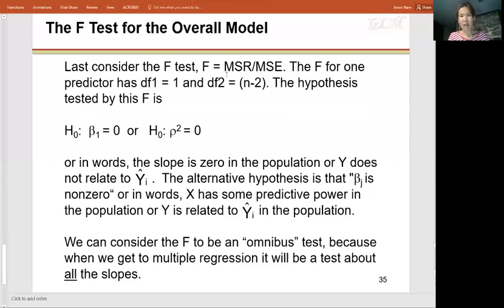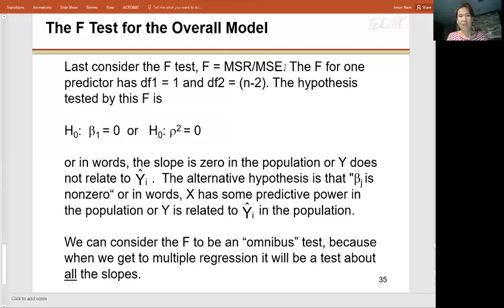MSR is mean square regression, and MSE is mean square error. Mean square regression is the explained part, and mean square error is the unexplained part. This is also a proportional ratio, right? So if you have a higher F, it's likely to reject the null hypothesis.